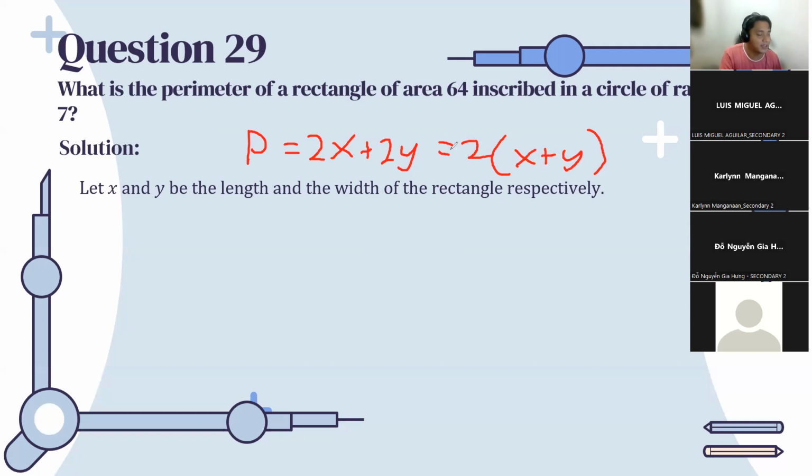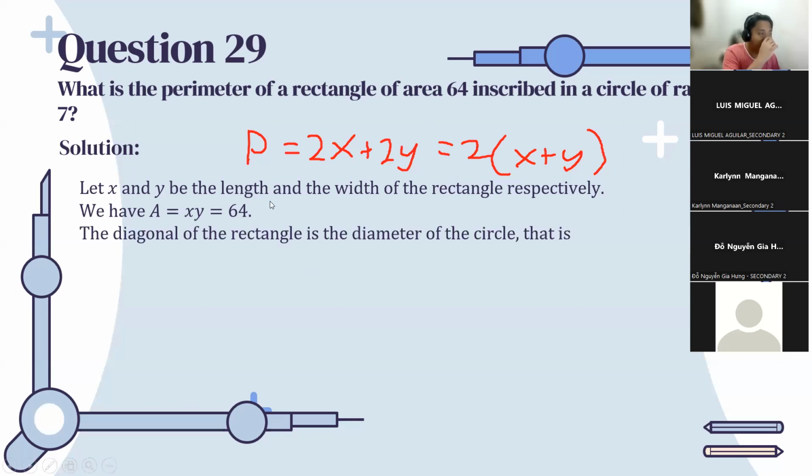So this is quite crucial for later. The next thing is given area 64, that will be area is equal to xy is equal to 64.